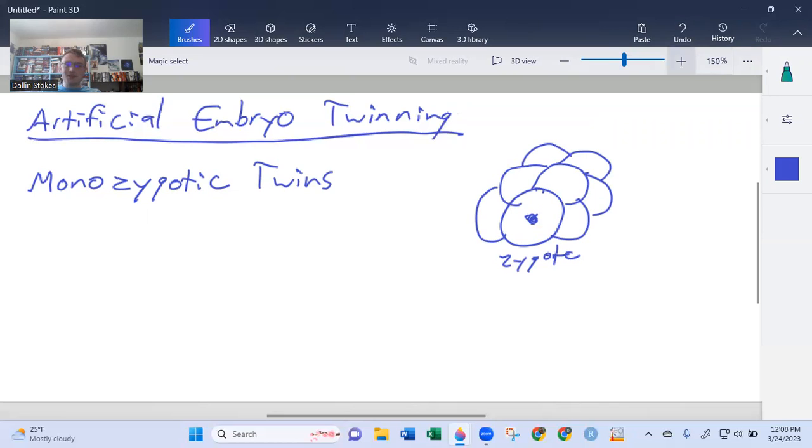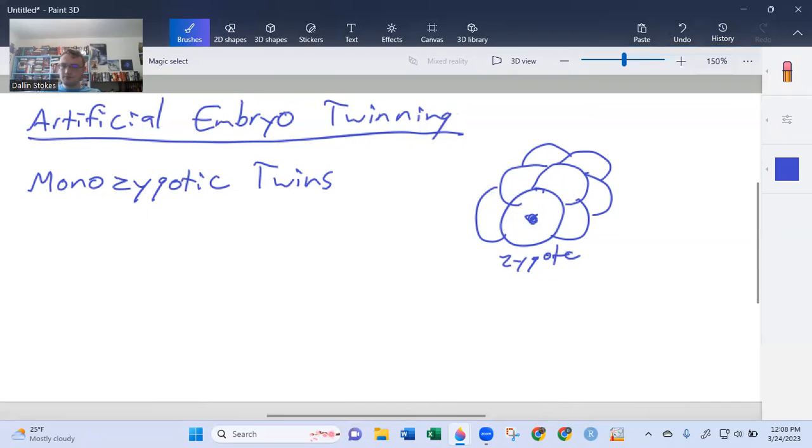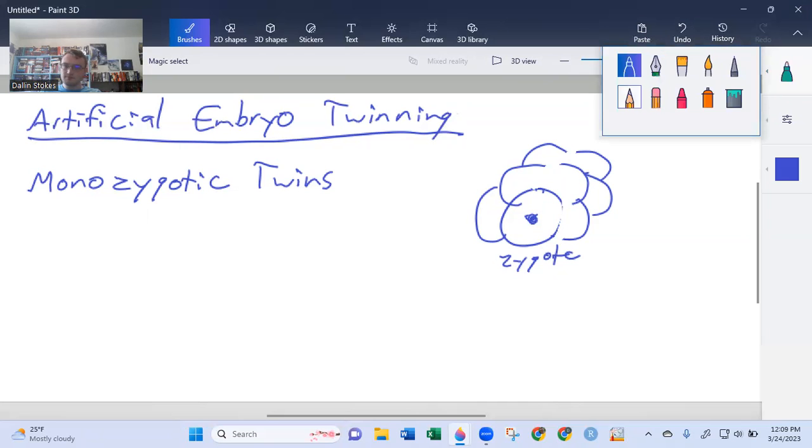And then something happens naturally where this little bundle of cells, as it's growing, accidentally breaks into two pieces. We're going to come through here and accidentally break our little embryo into two separate pieces here.